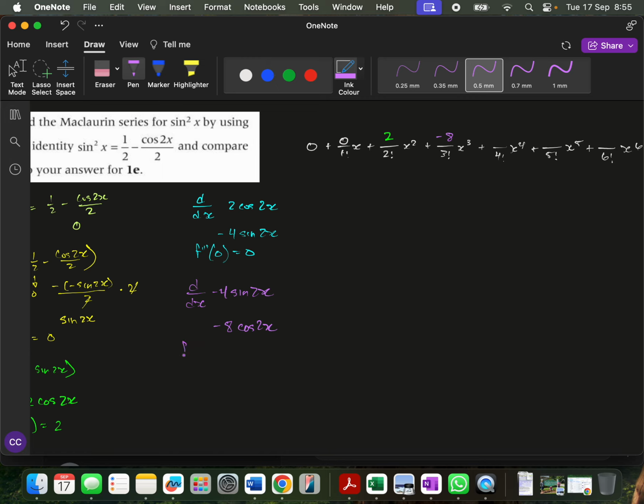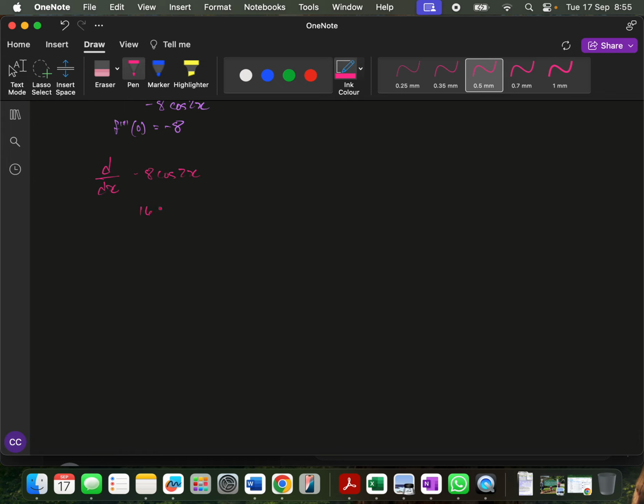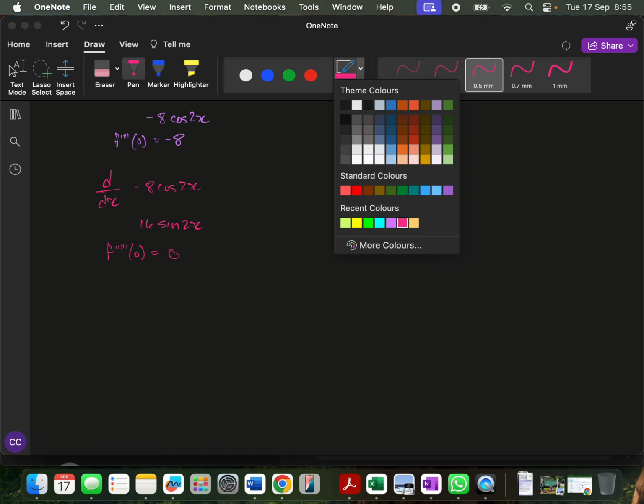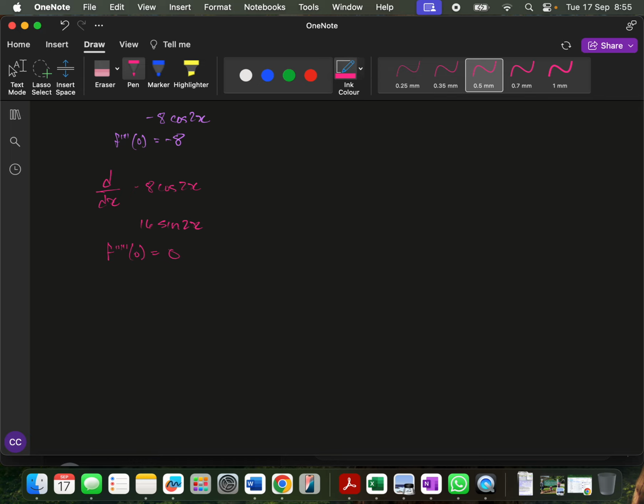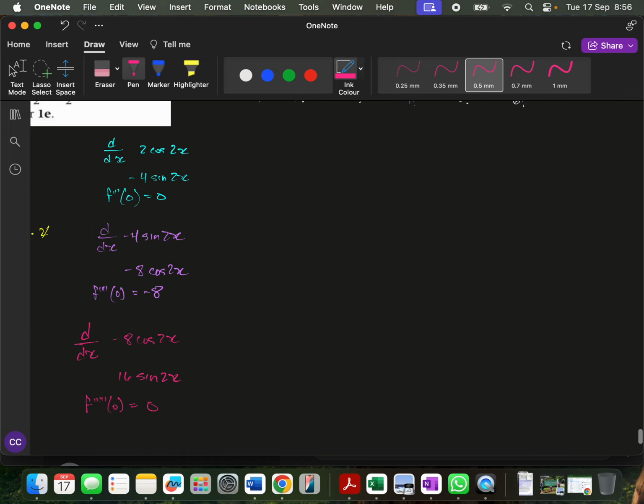Next, d/dx of negative 8 cosine 2x gives me 16 sine 2x, and evaluating that at 0 would give me 0. Oh, did I skip one?